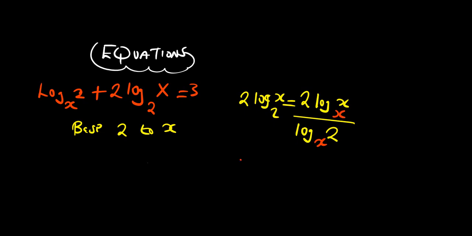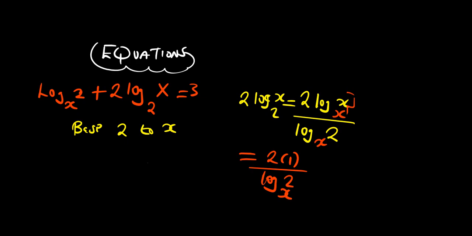Now that I've got that, what now am I going to do? What this now equates to is, because I've got x and x, the log of x in base x, those ones are going to give me a 1. So I'm going to have a 2 multiplying by 1 on top over log 2 in base x.